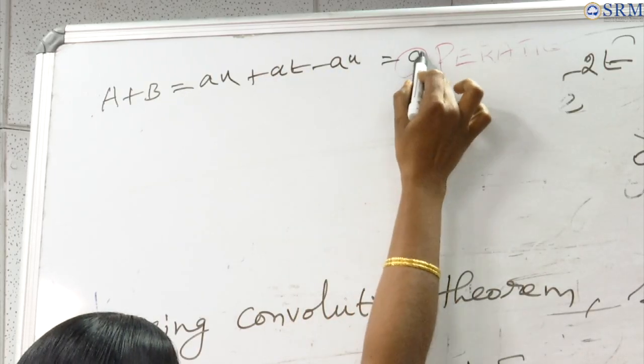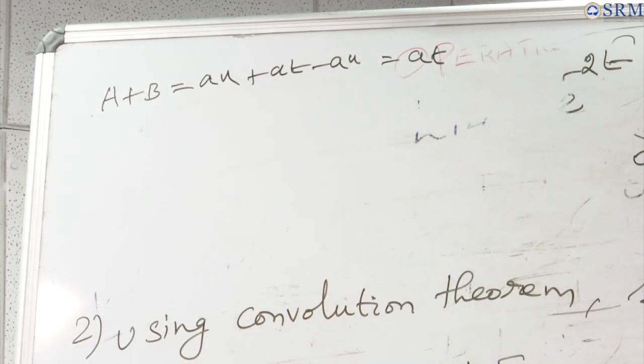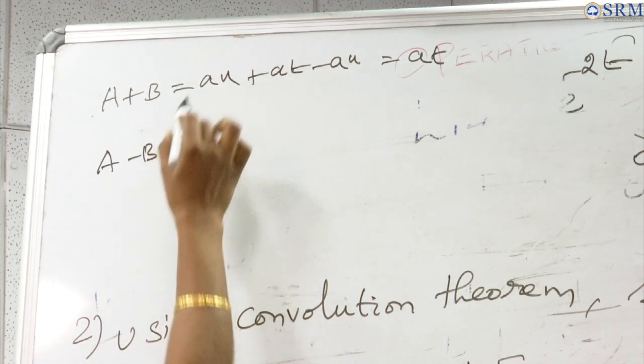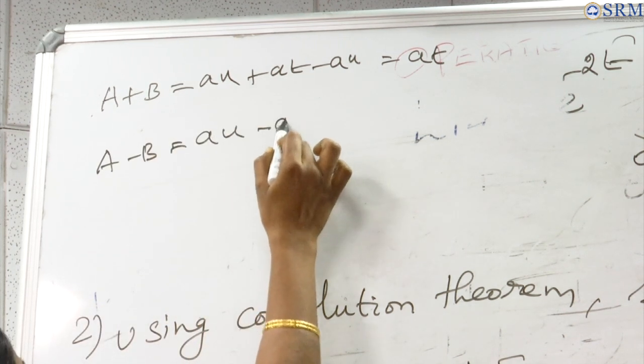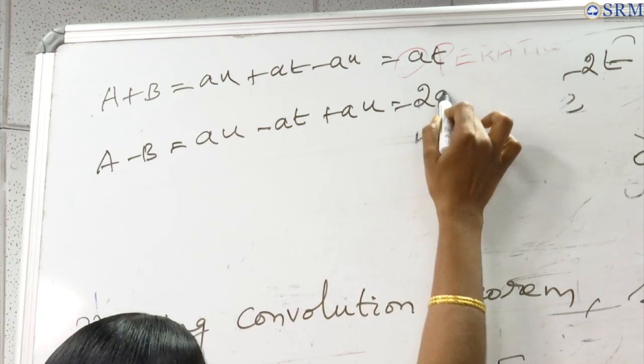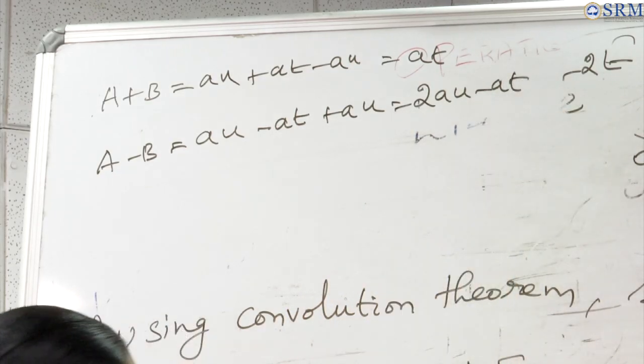Au is cancelled, only at remains. So a plus b value is at. Next, a minus b is au minus at plus au, so the answer is 2au minus at.